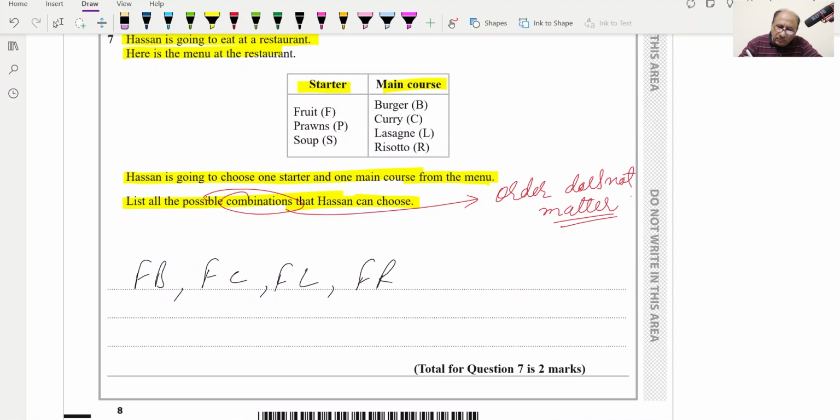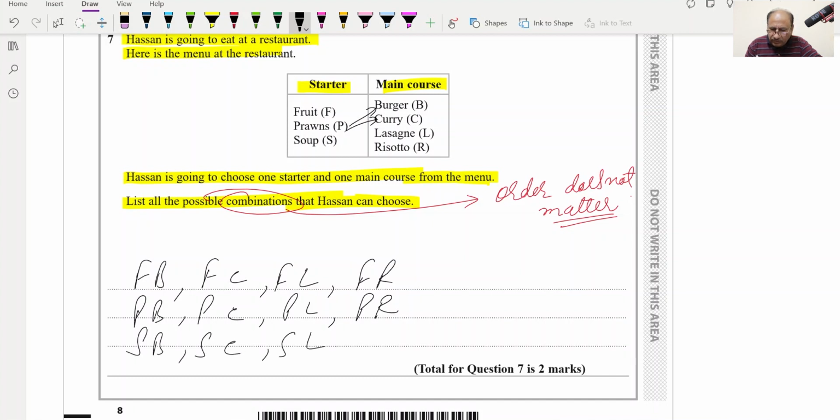Similarly, we can combine P with B, P with C, PB, PC, PL, and PR. And next will be S. So SB, SC, SL, and SR. So these will be 12 possible combinations which we can write for starter and main course.